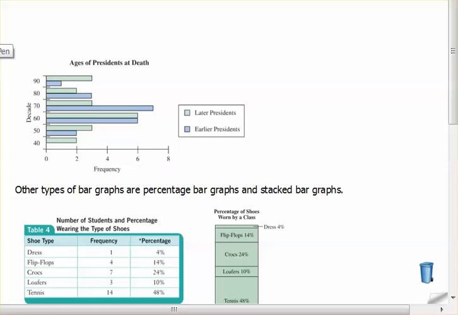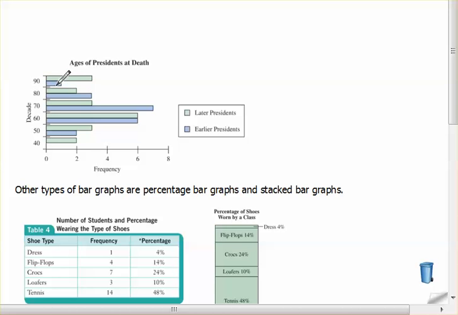Because people have to be able to understand what it is that they're looking at. So here the lighter green was the later presidents, the darker blue representing the earlier presidents. So that shows you two different categories at once within that same range.